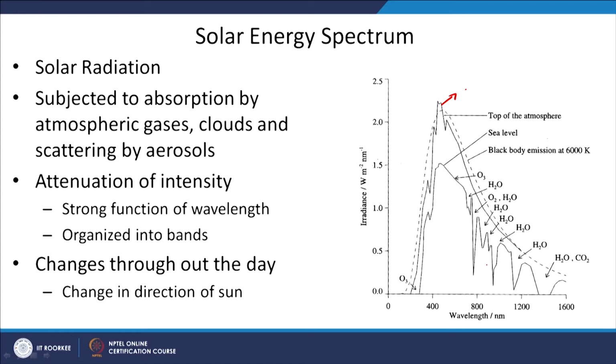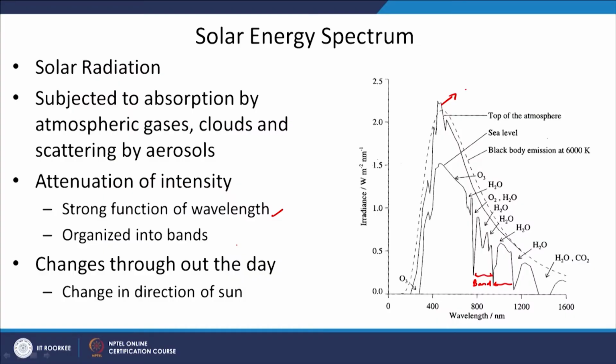Somewhere the intensity has decreased more, somewhere less, and we have what we call band formation. So, the energy of the sun is absorbed in different bands, and we have to take these bands into account if we want to know how much total energy from the sun we are receiving at the earth. This is a strong function of wavelength, as is seen here, and it is organized into bands.